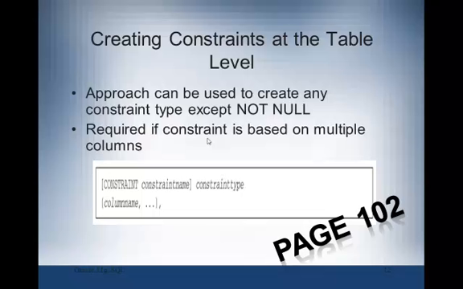We're going to learn that it is not uncommon to have a composite key, for example, a composite primary key, where two or more fields are combined to create the primary key of a table. And if that is the case, because it's multiple columns, we have to define or create the constraint at the table level. And here's the syntax diagram for that, again at page 102.